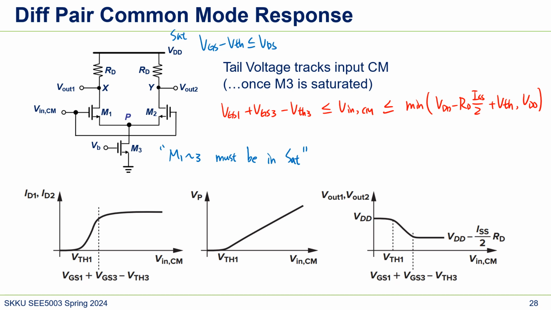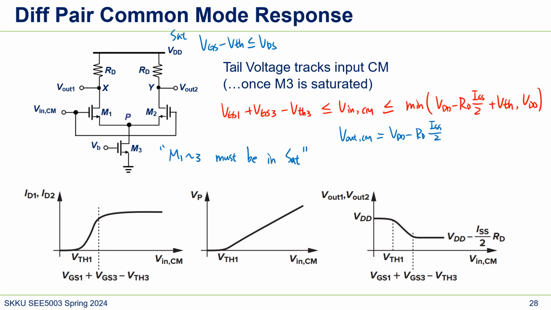So this condition comes from the first one here, VDD minus RD ISS over 2. This will happen all the time because when there's no VIN, let me say this is V out CM.